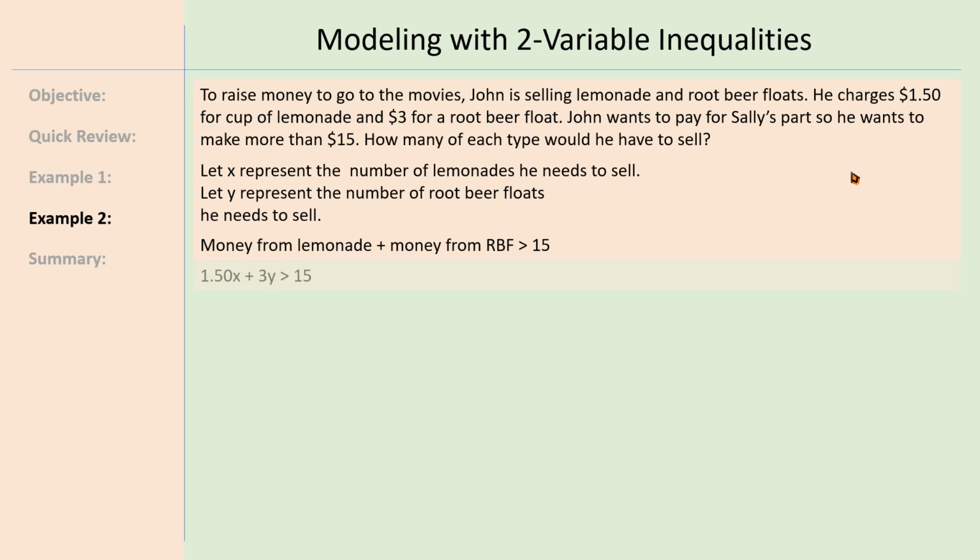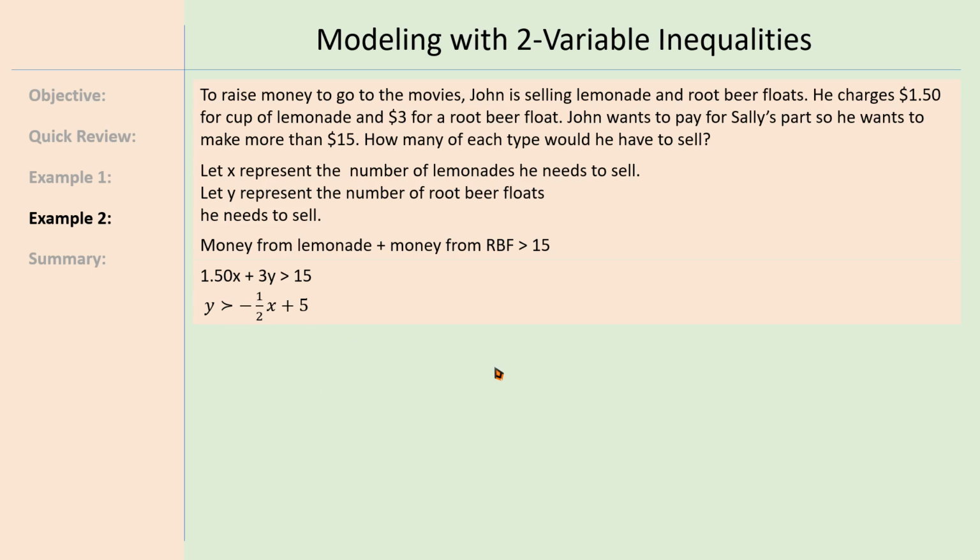So 1.50 times X plus 3 times Y has to be larger than 15. Then you can just solve for y, and you have y is larger than negative 1/2 x plus 5. Again, this step is just solving for y like you would in equations. If you need help on this, let me know, or let your teacher know.